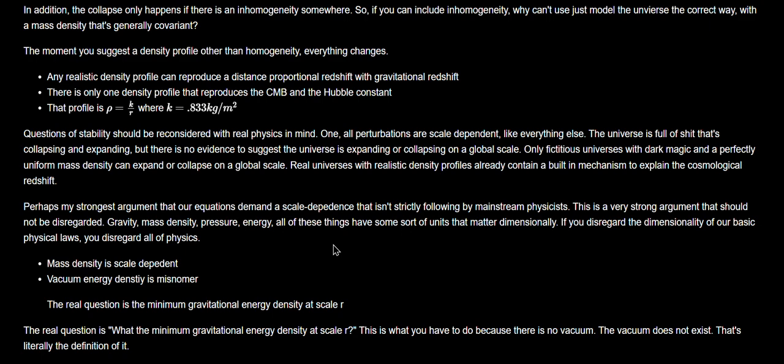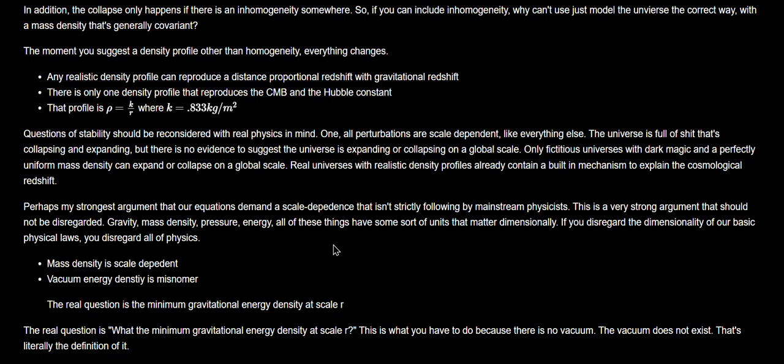You have to understand that if there's no evidence the universe is expanding, in other words, we have an explanation for the cosmological redshift through gravitational redshift. If we have an explanation for that, there is no evidence the universe is expanding or collapsing.